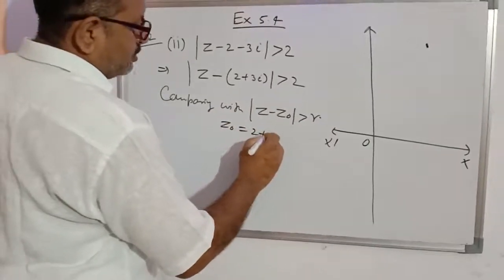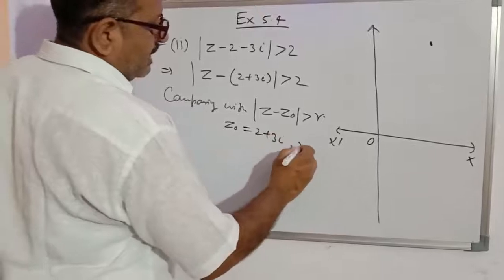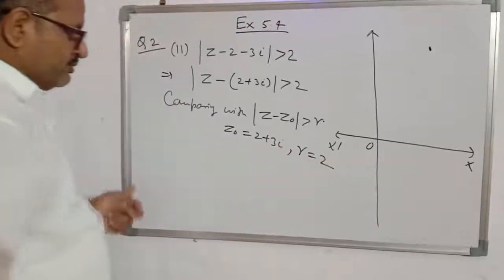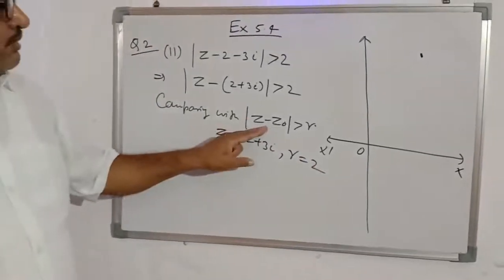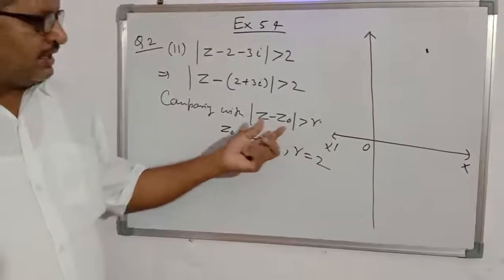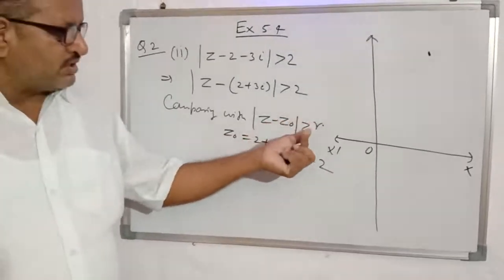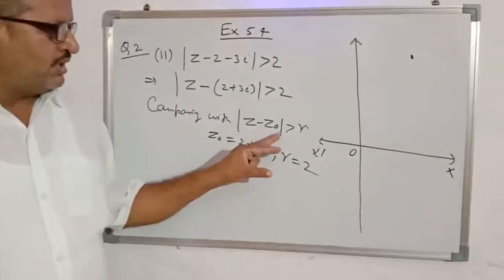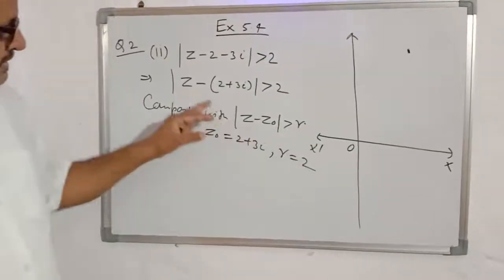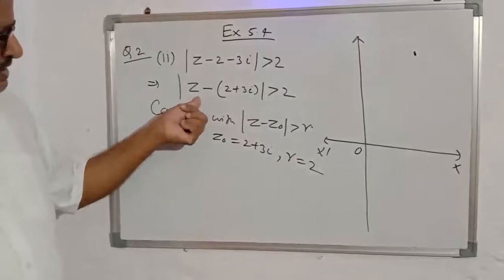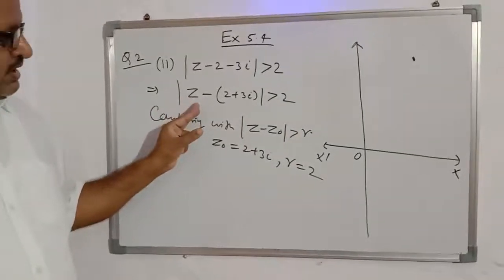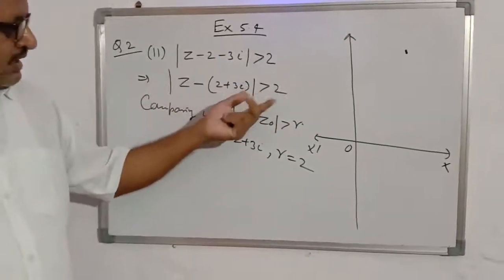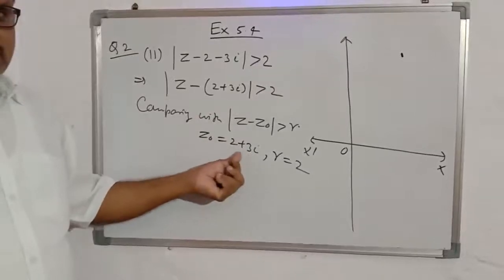Z0 is 2 plus 3i. And what is r? 2. We know that |Z − Z0| greater than r represents all those points outside the circle with center Z0 and radius r. Similarly, it will represent all the points lying outside the circle with center 2 plus 3i.